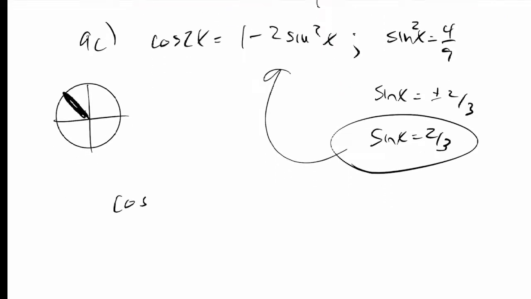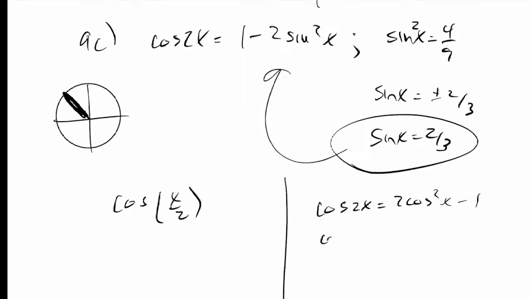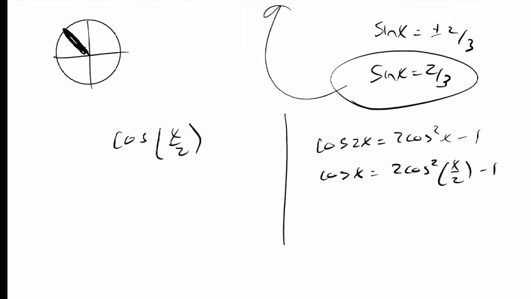They want cos of x over 2? Sure. I know the cos of 2x is 2 cos squared x minus 1. So therefore the cos of x is 2 cos squared of x over 2 minus 1.